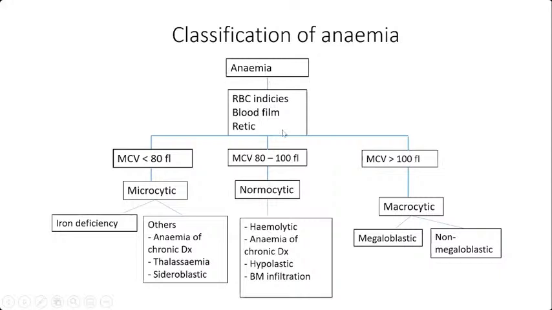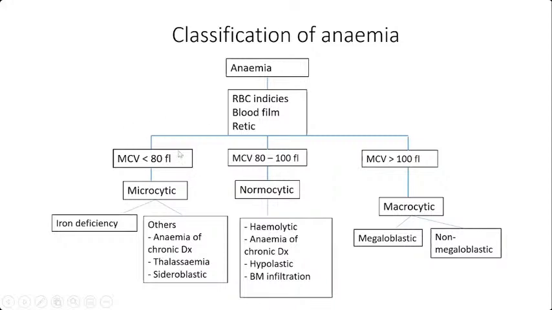So we have the anemia, we have our red cell indices, which are the hemoglobin, MCV, MCH, red cell count, hematocrit. We have our blood film and reticulocyte count. So those are the very important initial preliminary tests we do, TBC and peripheral blood film and reticulocyte count.